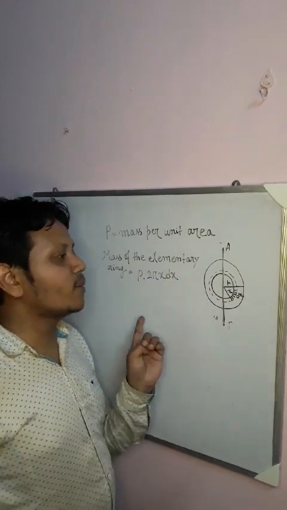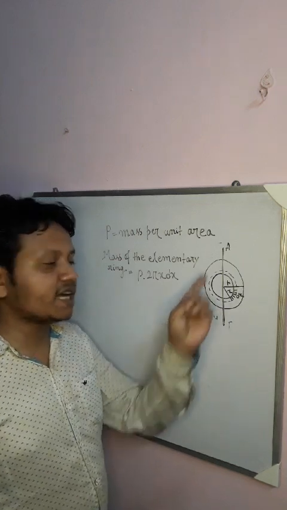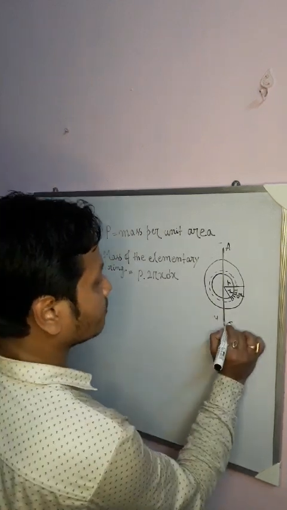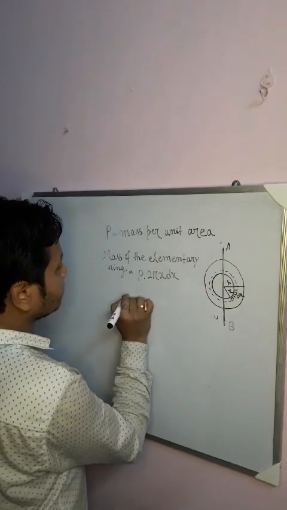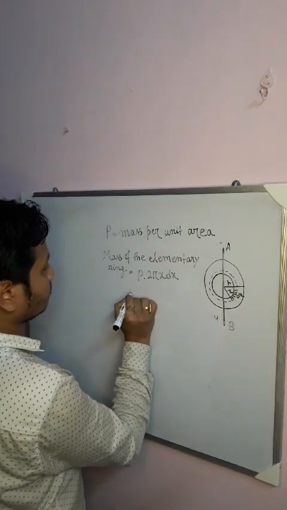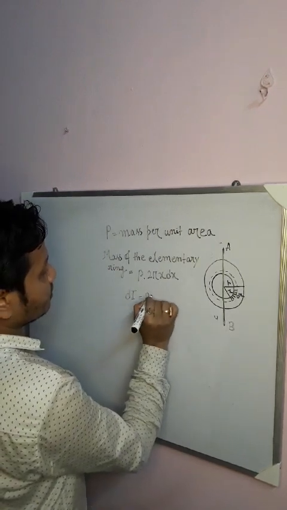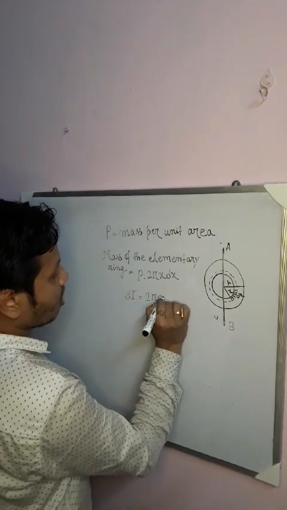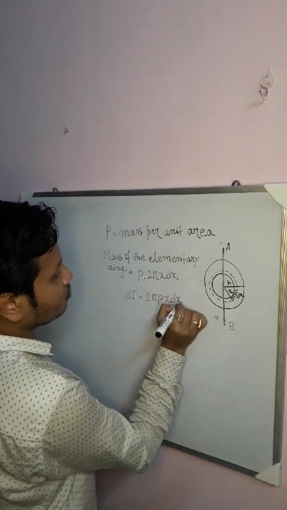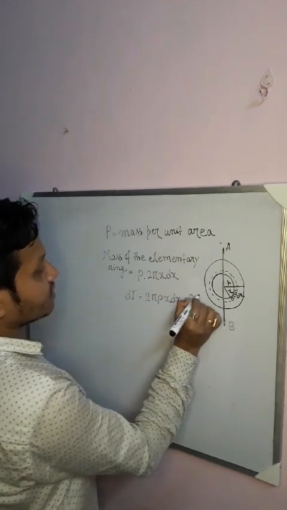So what would be the moment of inertia of the elementary ring about the axis AB? If we call it dI, it is simply mass into distance square, that means 2 pi rho x dx into x square.